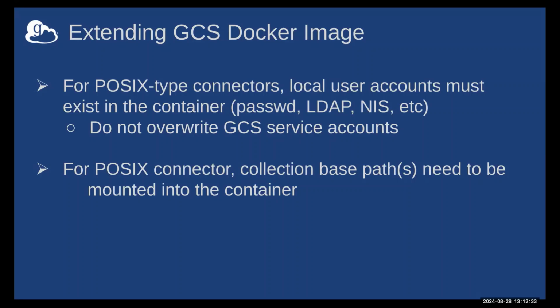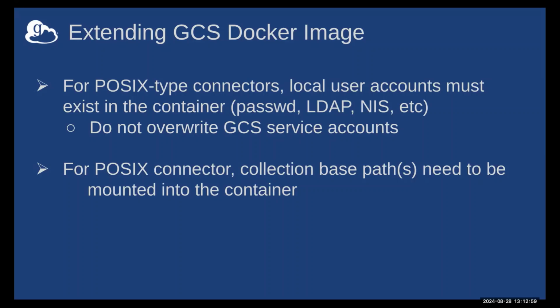GCS needs to be able to authenticate local users. If you're using POSIX file systems, it has to be able to map usernames to UUIDs and such, so it needs that information. And then, of course, secondly, because Docker containers sandbox the process, you need to make sure your POSIX file systems are mounted, starting from the collection-based path, into the container so GridFTP can find them.